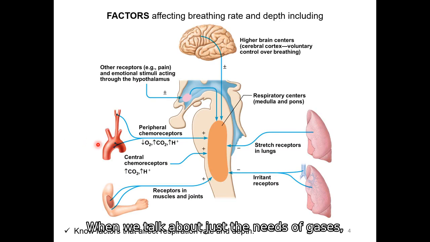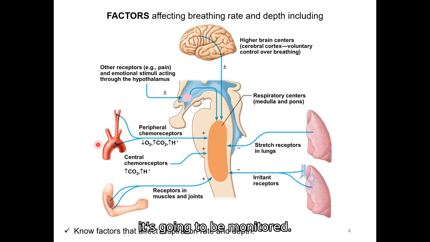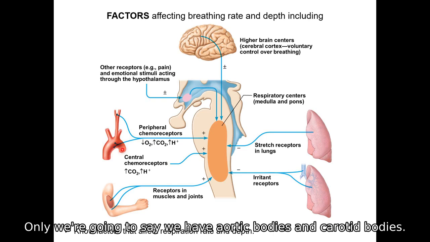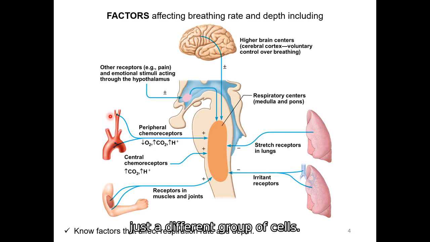When we talk about just the needs of gases, so getting in oxygen and getting rid of carbon dioxide, it's going to be monitored. Okay, so we have peripheral chemoreceptors, and they're really close to where the blood pressure receptors are. Only we're going to say we have aortic bodies and carotid bodies. So right there, same places as the baroreceptors, just a different group of cells.